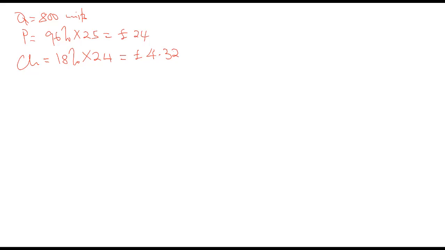Having done that, what do we do next? Therefore, the cost will be equal to the price you're paying per unit, 24, times the annual demand, which remains at 1800. The Q is now higher, at 800, therefore more holding costs, times 4.32.